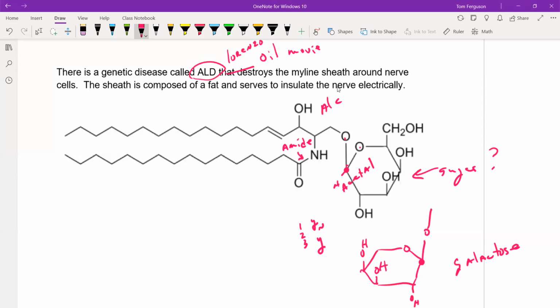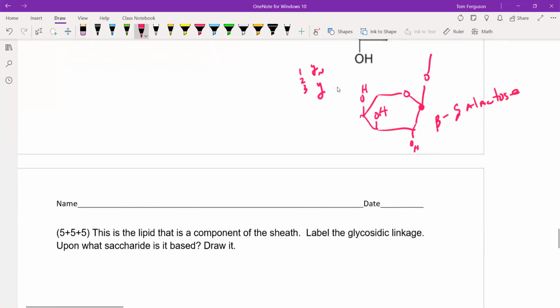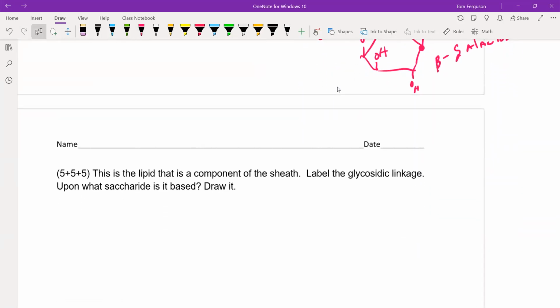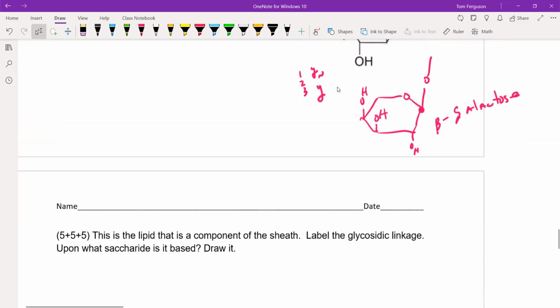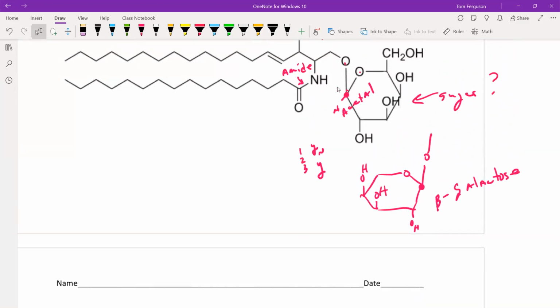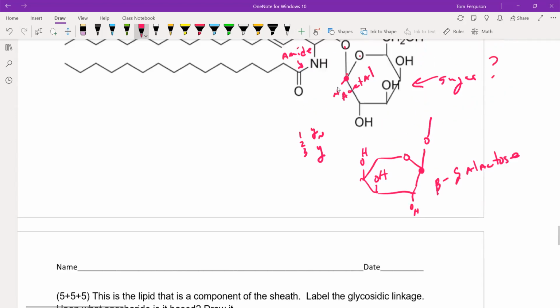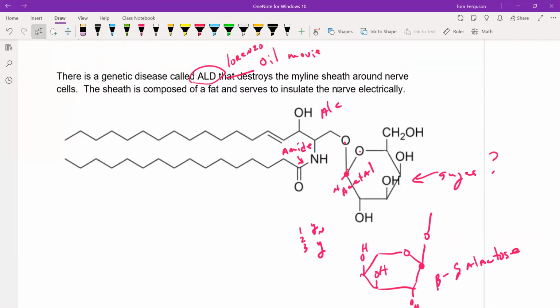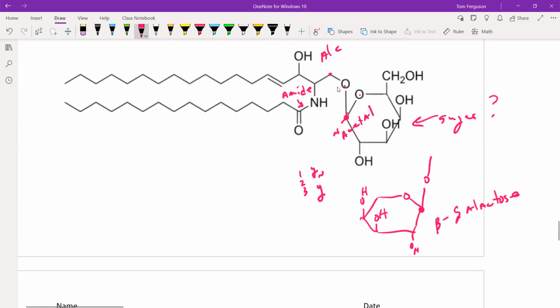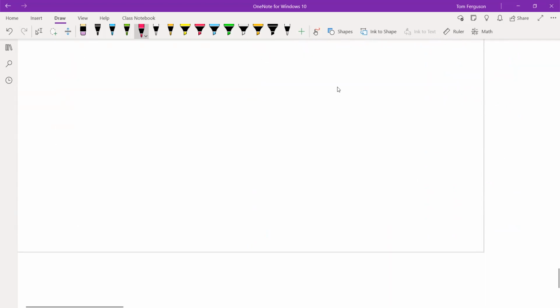And because this O is going up, it's beta galactose. The linkage is going to be a beta 1. We're not sure what the carbon naming is for this here. So whatever that carbon number is. Okay, all right.